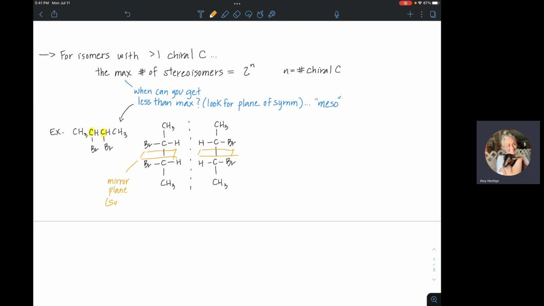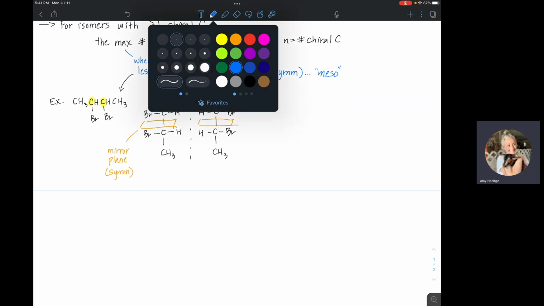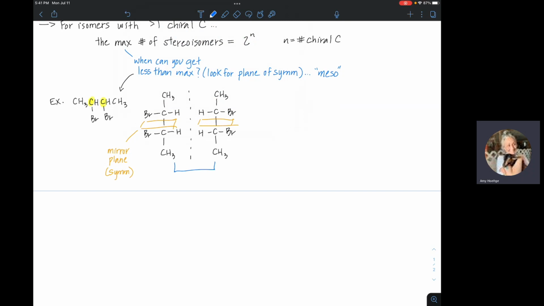So we have a symmetric situation going on here where only one of these stereoisomers counts toward the maximum number of different stereoisomers. These things, if you see that mirror plane, are meso compounds.